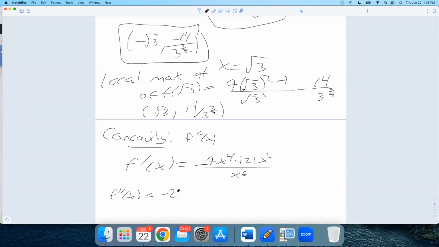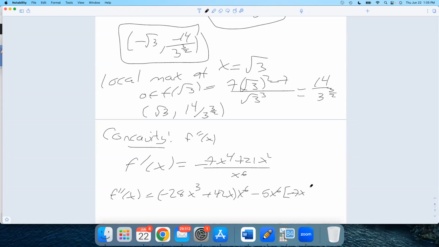Derivative of the top, negative 28x cubed plus, what's that, 42x, times the bottom, leave the bottom alone, minus derivative of the bottom, 5x to the 6th, times leave the top alone.